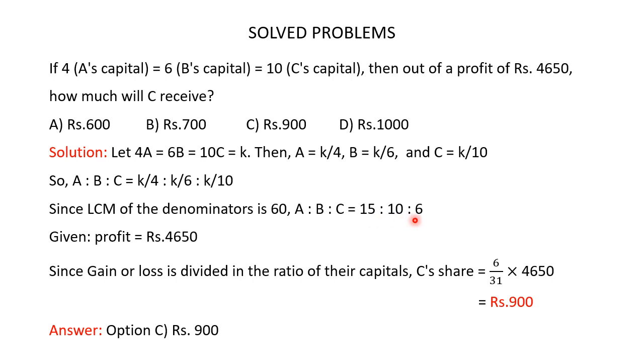So out of 31 parts, C's share is 6 parts. So out of the total profit of rupees 4,650, C's share will be 6 by 31 multiplied by 4,650, which is 900 rupees. So C's share is rupees 900.